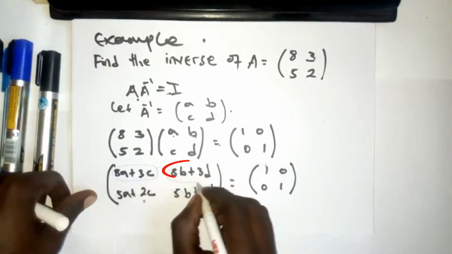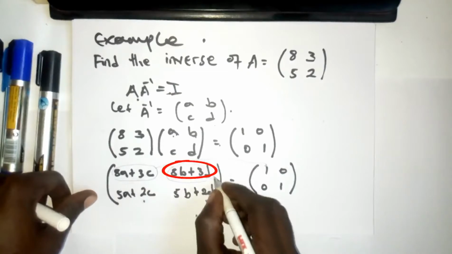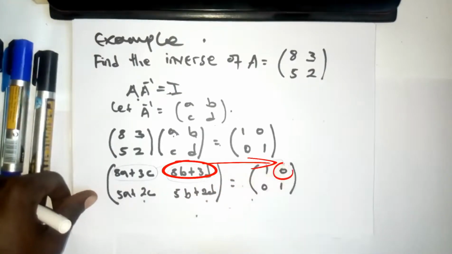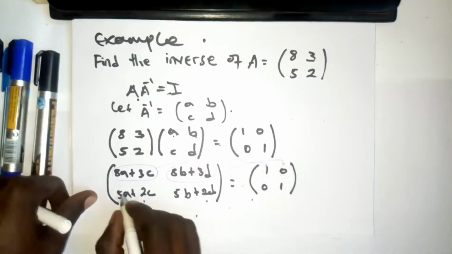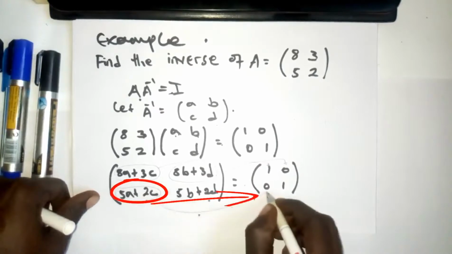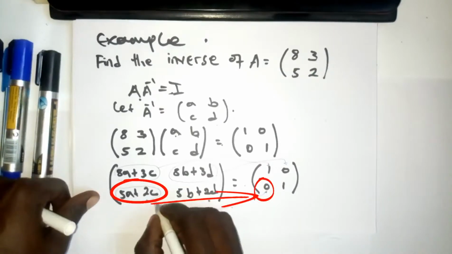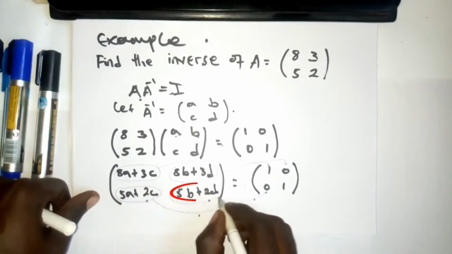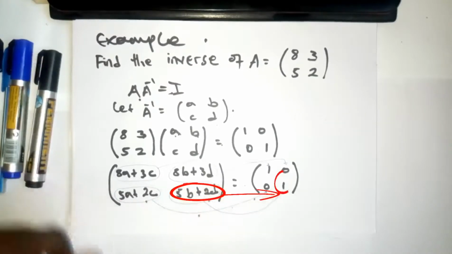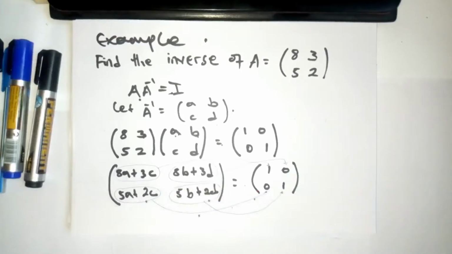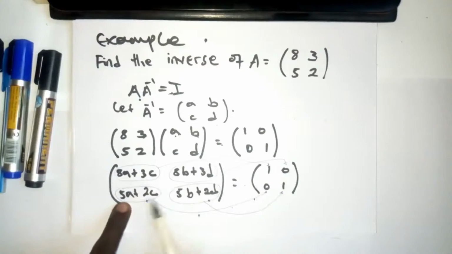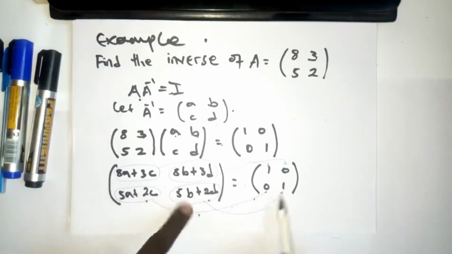The entry here will also be with the entry on the other side, same positions. The entry here, we shall also match with the corresponding entry on the other side. So this will be equal to 1, this will be equal to 0, this will be equal to 0, this will be equal to 1.